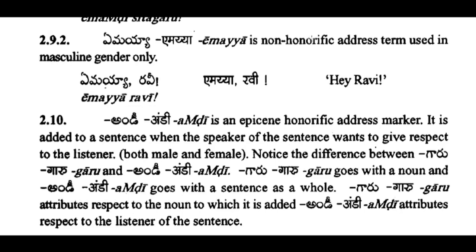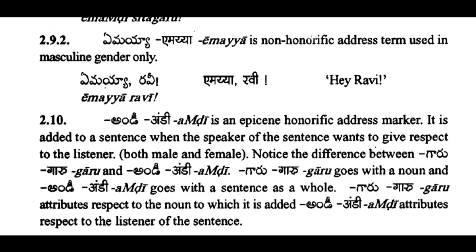Usually elderly people like grandfathers, to get attention from their grandchildren or a son, just say Emaya, ithura, like that. Ithura means come here. They may not say it with a name.